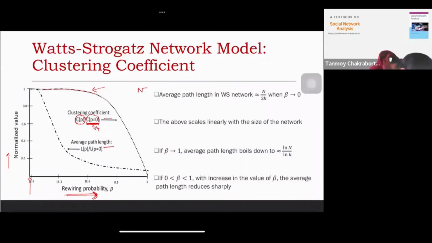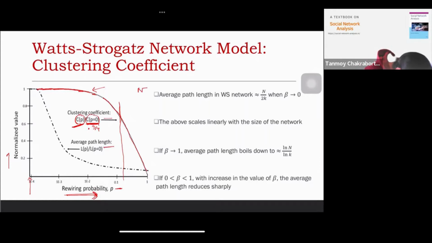So you see that this ratio is almost 1. Suddenly, around p equals 0.2 or so, it starts decreasing. That means that until p equals 0.1 and 0.2, the clustering coefficient of the resultant graph is almost the same as the regular lattice, which is quite high.